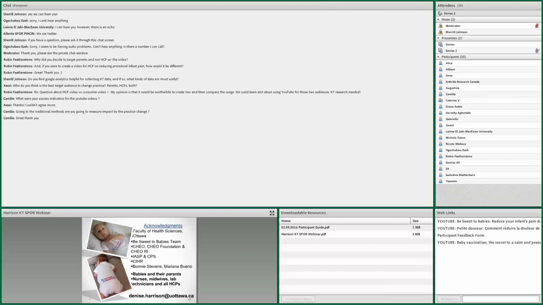We're about to start a pilot randomized controlled trial in one healthy baby newborn setting where we randomize mothers or parents to see the video or not before the newborn screening, and then we'll actually collect data on pain management used during the newborn screening, and then we'll actually come back to our control group and show them the video so they get to see the video too. But yes, we're actually going to look at the outcome of use of pain management.